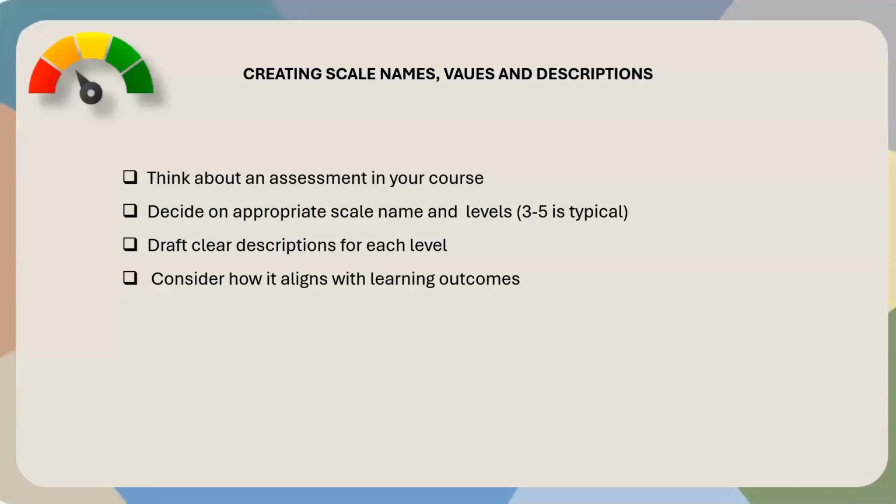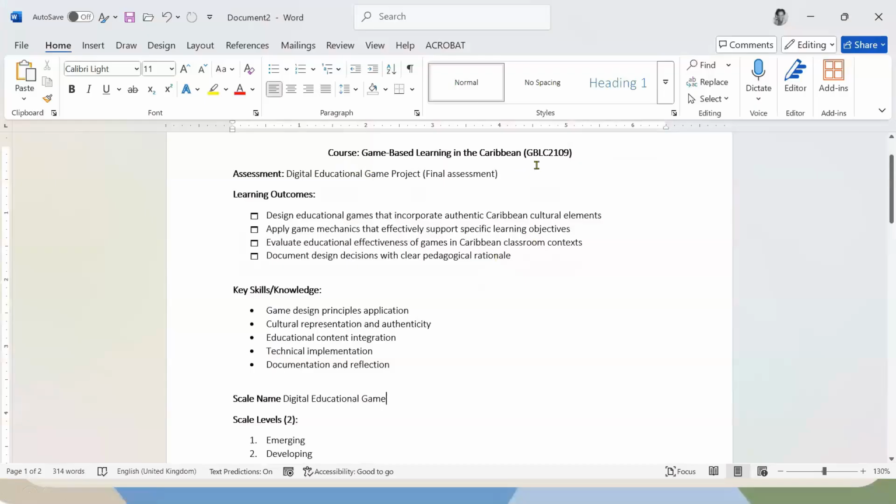All right. So one of the things that I have that I'd like to share with you as well is a sample. So let me just share this sample with you. All right. So here is the name of my course. And again, my course is a fictitious course. The assessment is a final assessment.